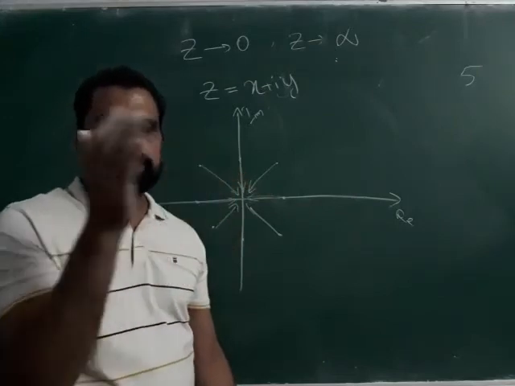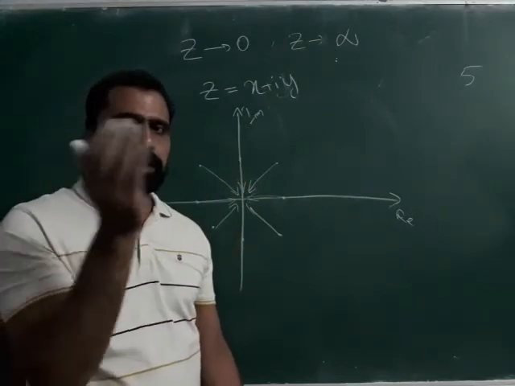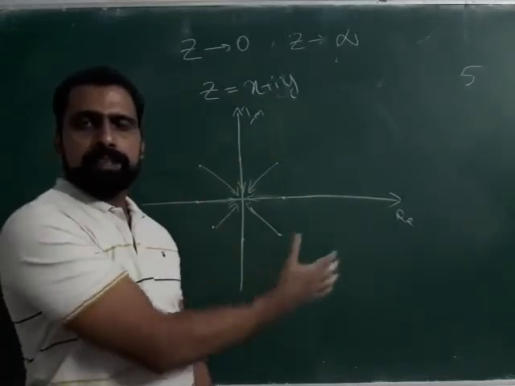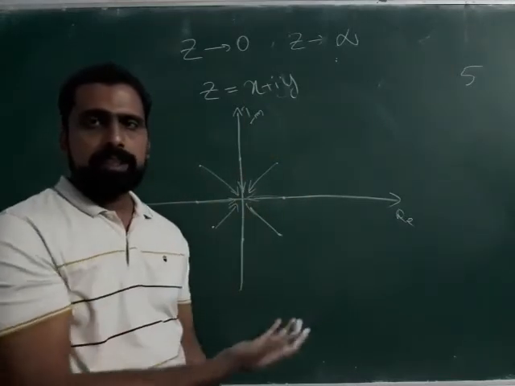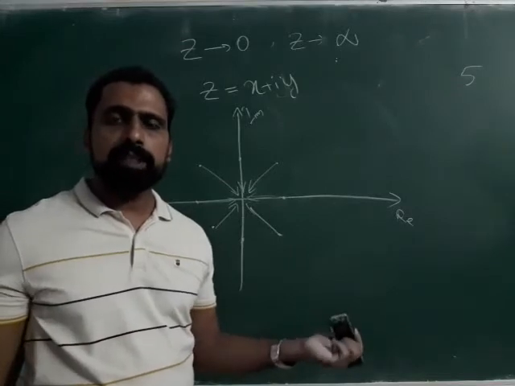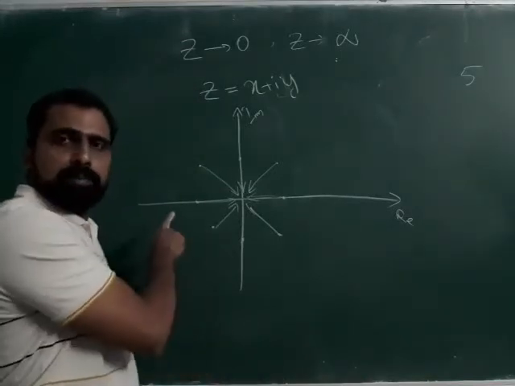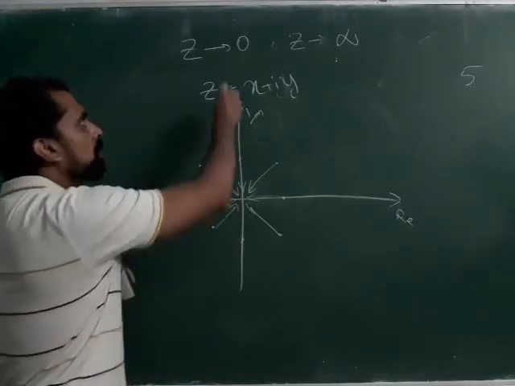So this tending to 0 means the original point may be anywhere in this plane. Okay, so you have infinite number of points. So this is a problem to represent this way.